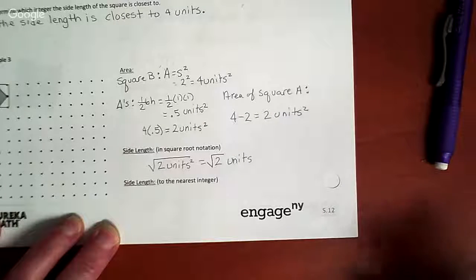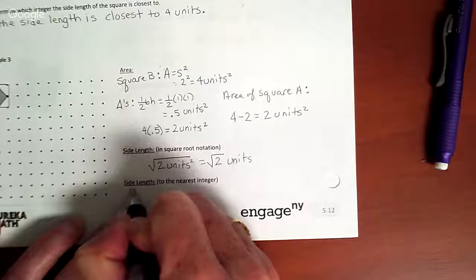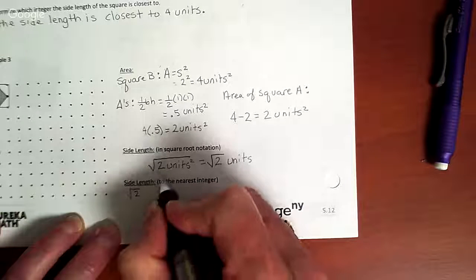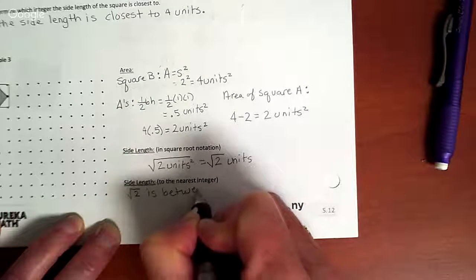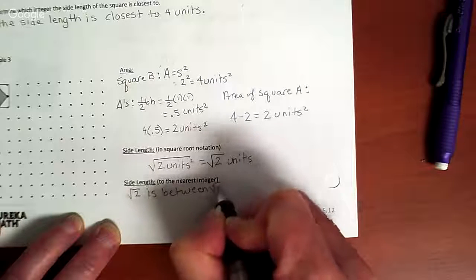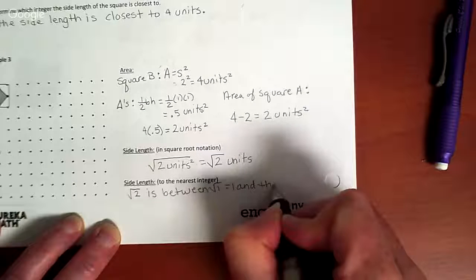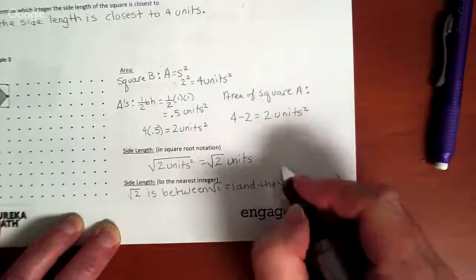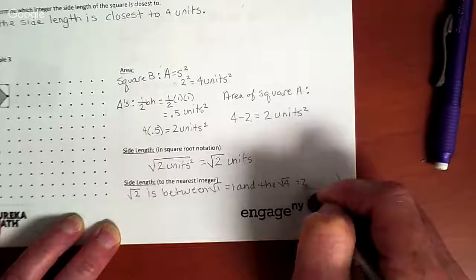And then it says side length to the nearest integer. Okay, well, I would say the square root of 2 is between the square root of 1, which equals 1, and the square root of 4, which equals 2.